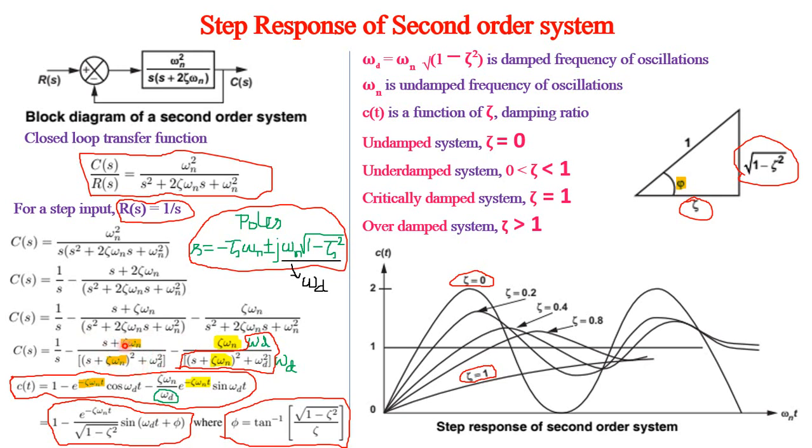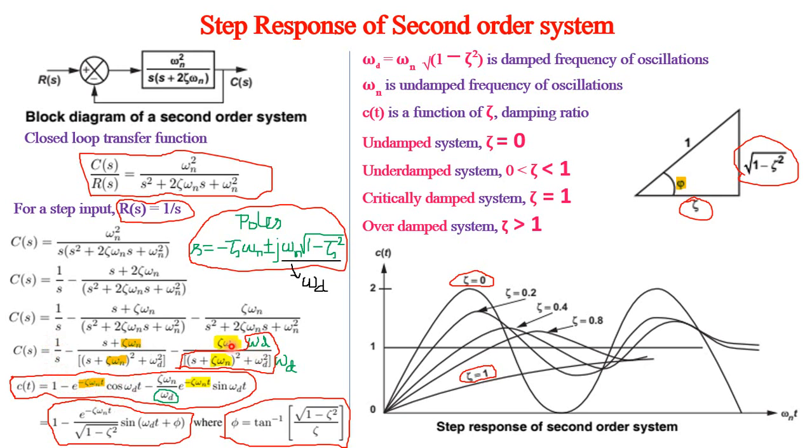Right. So here we can find that if s by s square plus omega square alone is there, the inverse Laplace transformation will be cos omega dt. But this s is replaced by s plus a, that is s plus zeta omega n. Therefore, this cos term should be multiplied by e power minus zeta omega nt. Of course, the inverse Laplace transformation of 1 by s is 1, because the Laplace transformation of 1 is 1 by s.